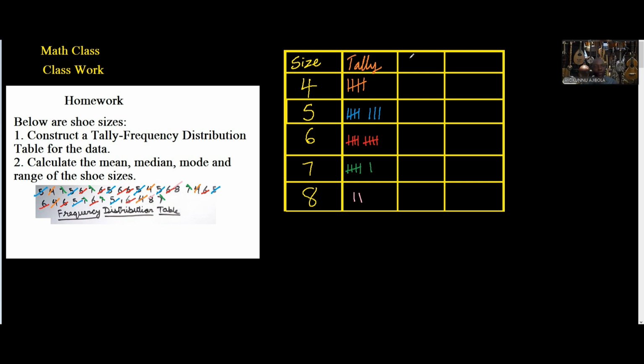Now the frequency, F. This is 5, this is 8, this is 10, this is 6, and this is 2. If I add all of the frequencies, it's called summation F, which is the total entries.